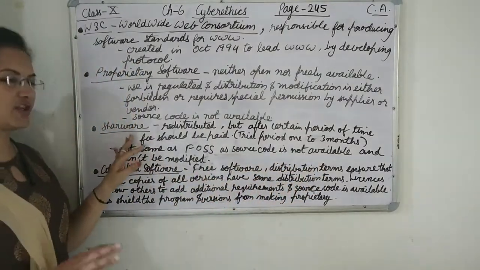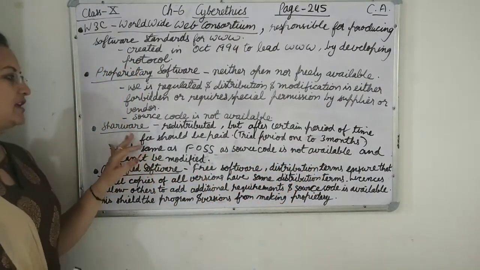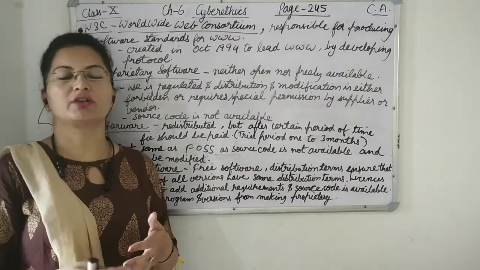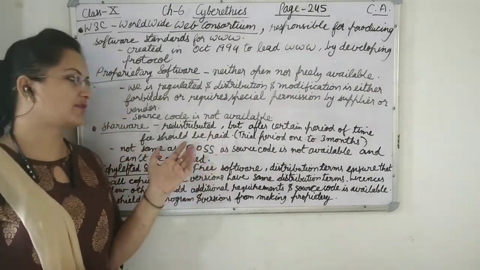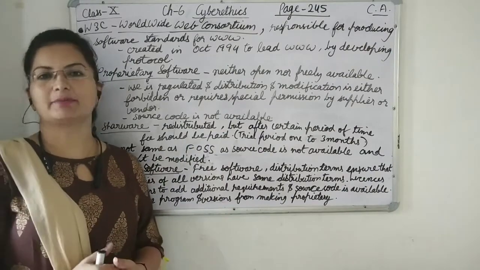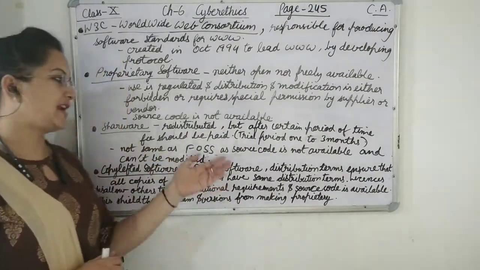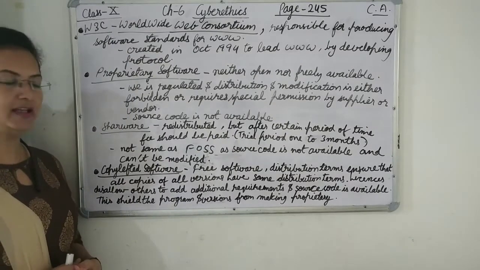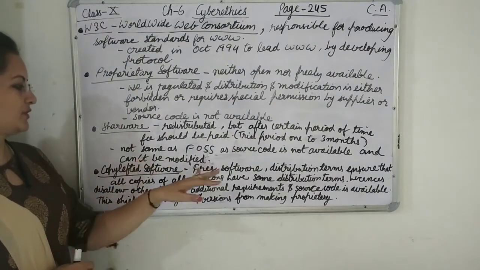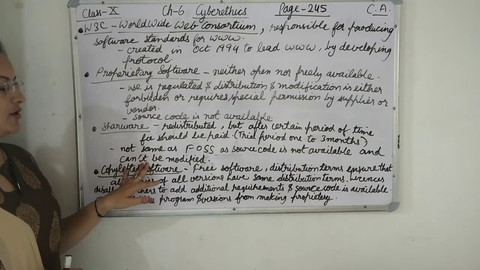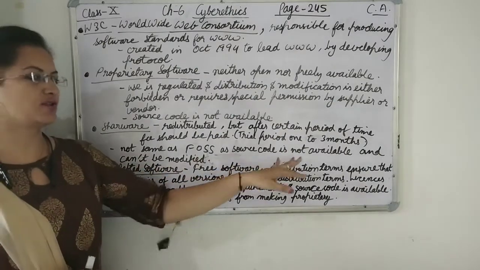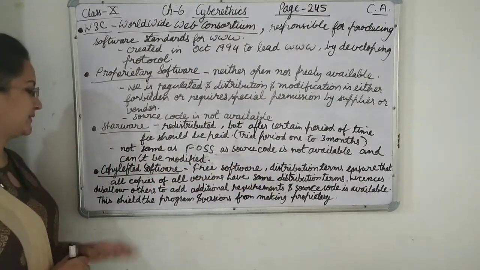It's only for sharing purposes. It is created so that people can use more and more such software, and as people take interest in the software, they will pay the fee, and that is why trial versions are launched. So this software cannot be modified as the source code is not available.